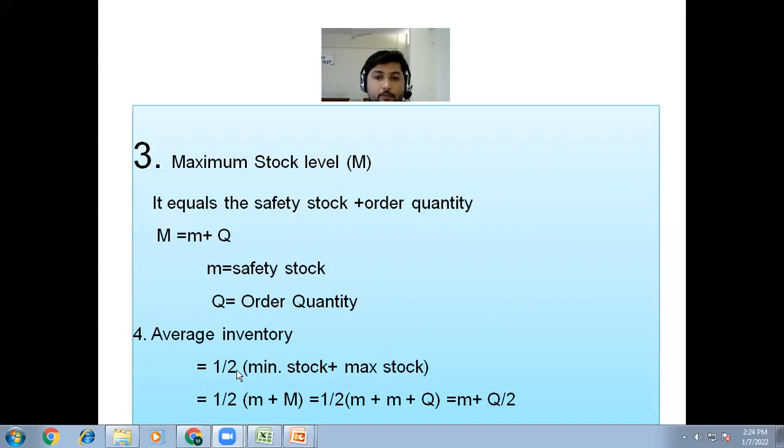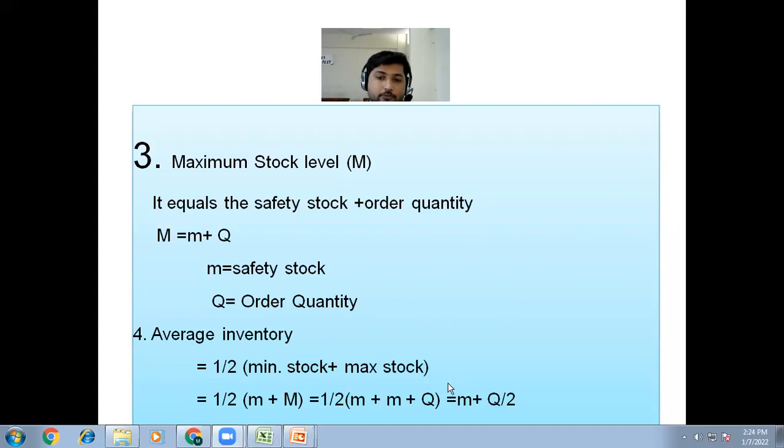Now the next important thing, which you require for the calculation of EOQ, economic order quantity, is the average inventory. In this case, average inventory can be represented as 1/2 of minimum stock plus maximum stock.